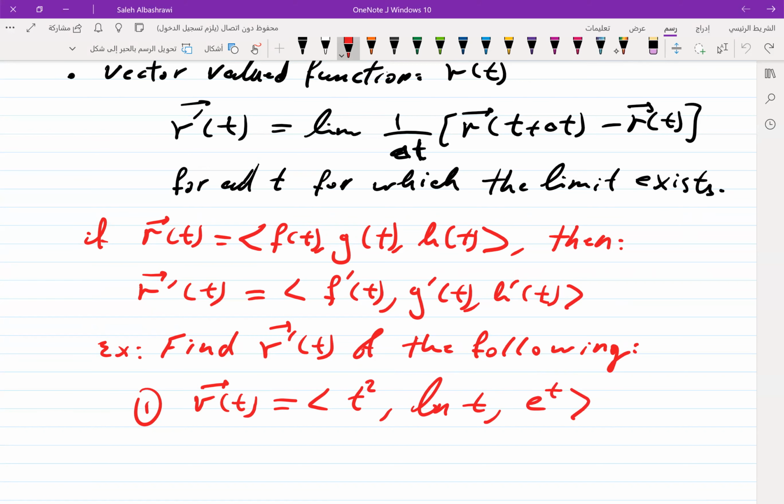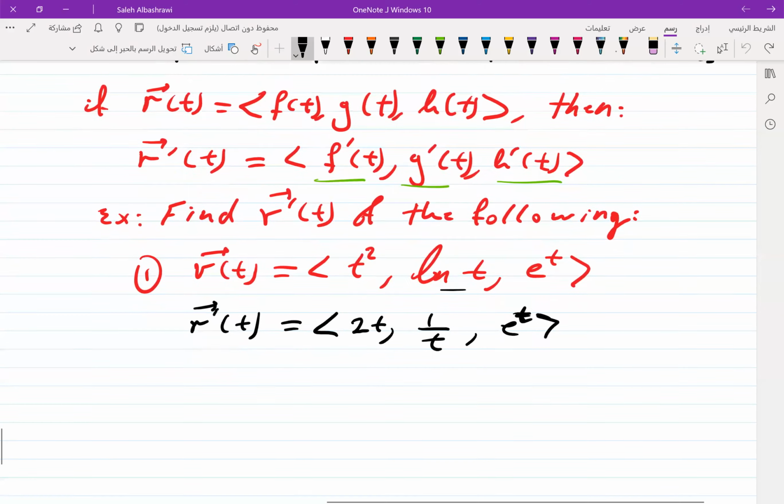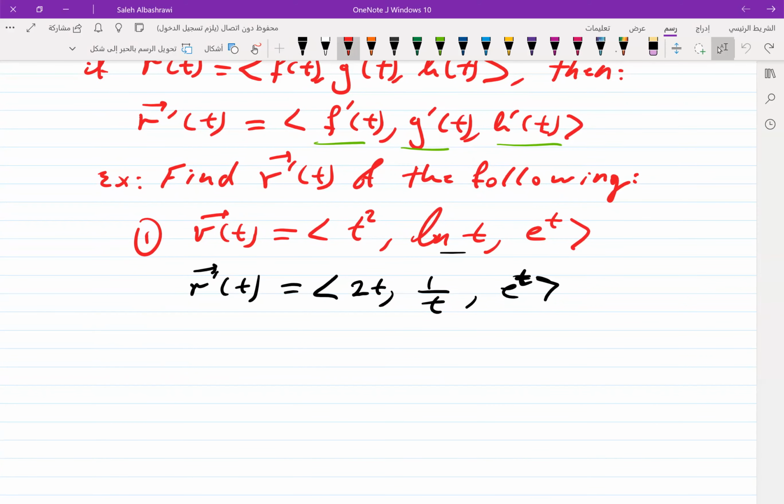I need to find the derivative for this vector valued function. So the derivative equals the derivative of the first component, the derivative of the second, and the derivative of the third component. So r prime of t is equal to 2t, 1 over t, and e to power t. Just find the derivative for each component.